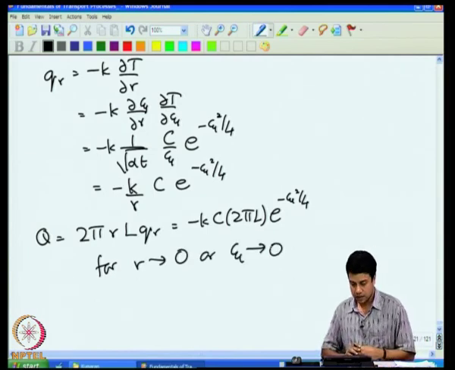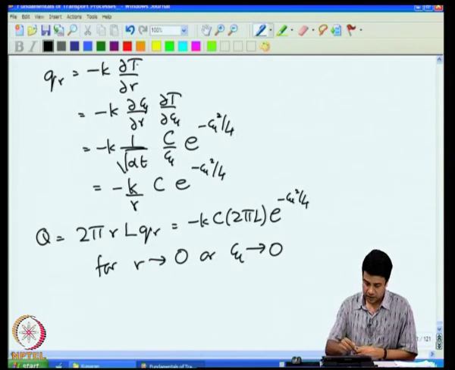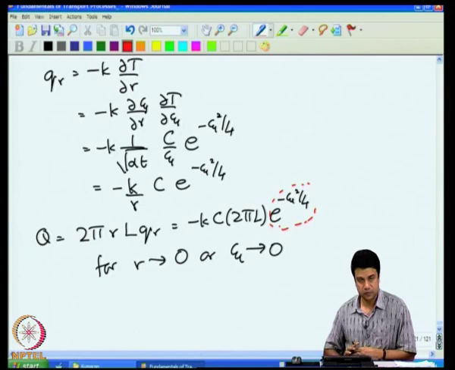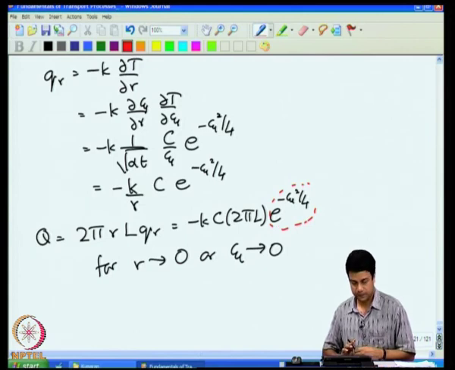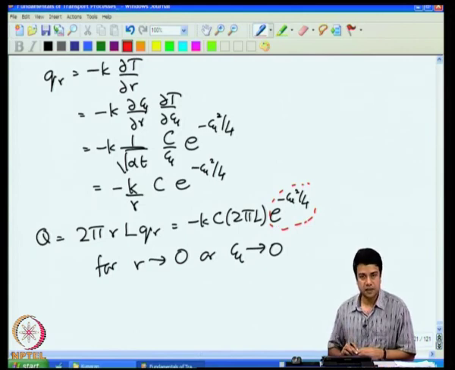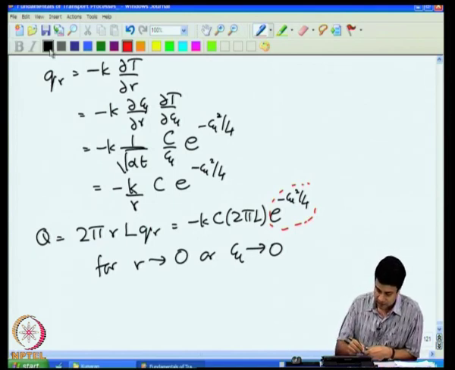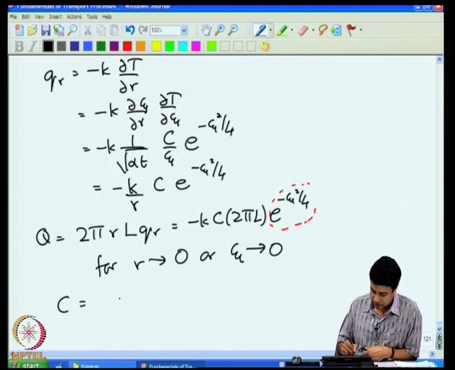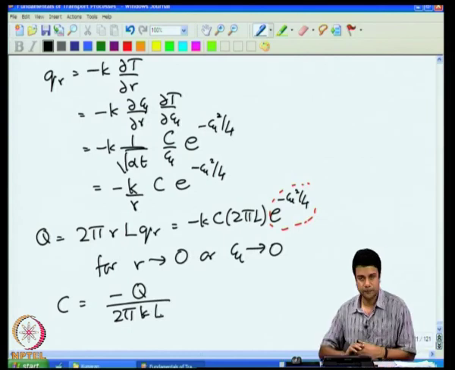When r goes to 0 or psi is equal to 0, this factor is just 1. So, this enables me to find out what the constant is. Therefore, the constant of integration has got to be equal to minus Q by 2 pi k L.